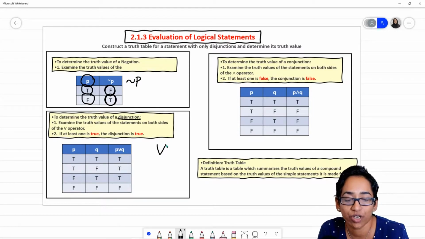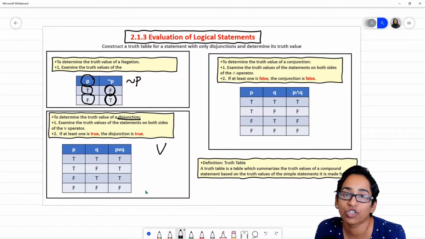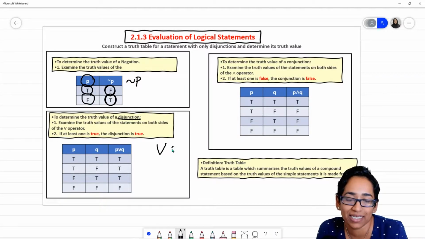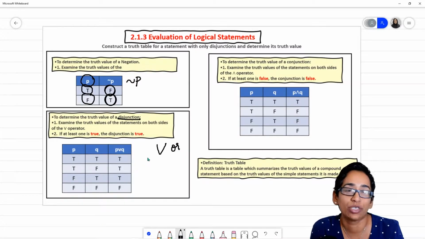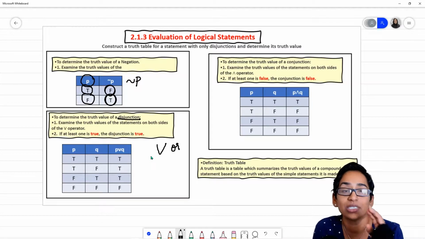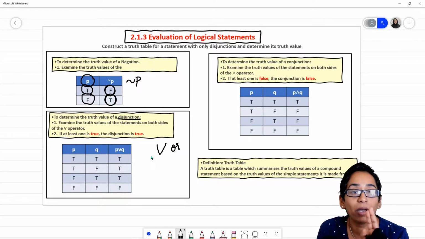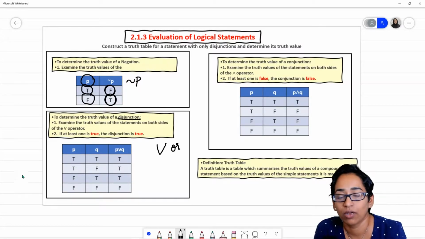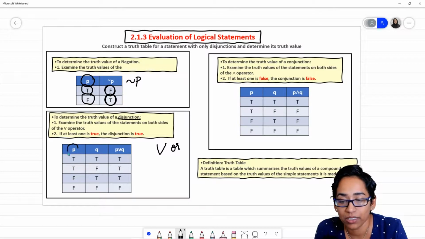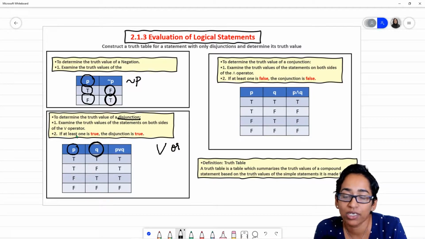The next truth value is disjunction. Disjunction is represented as a V, like a capital V. Disjunction is also represented as or. And how do I look at the truth table for a disjunction? Disjunction is a compound statement, right? I combine two statements. So let P be a statement and Q be a statement. A disjunction is true if at least one of them is true.